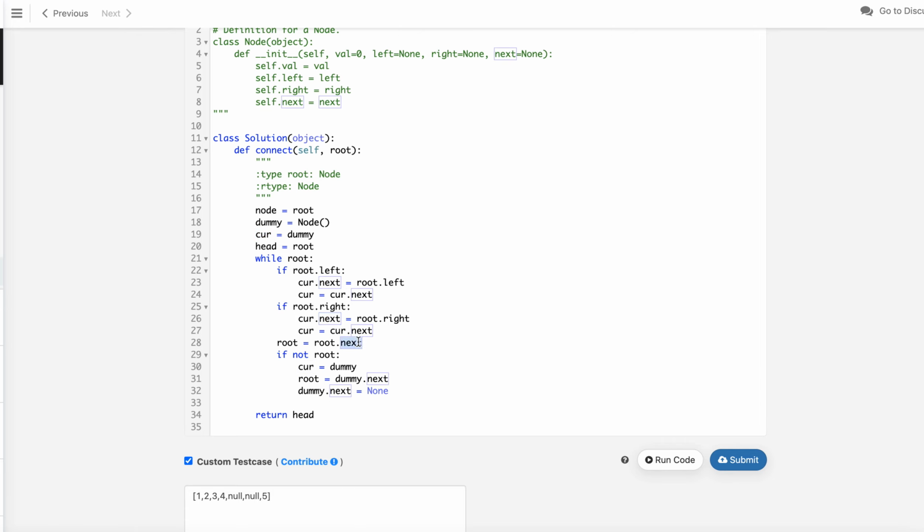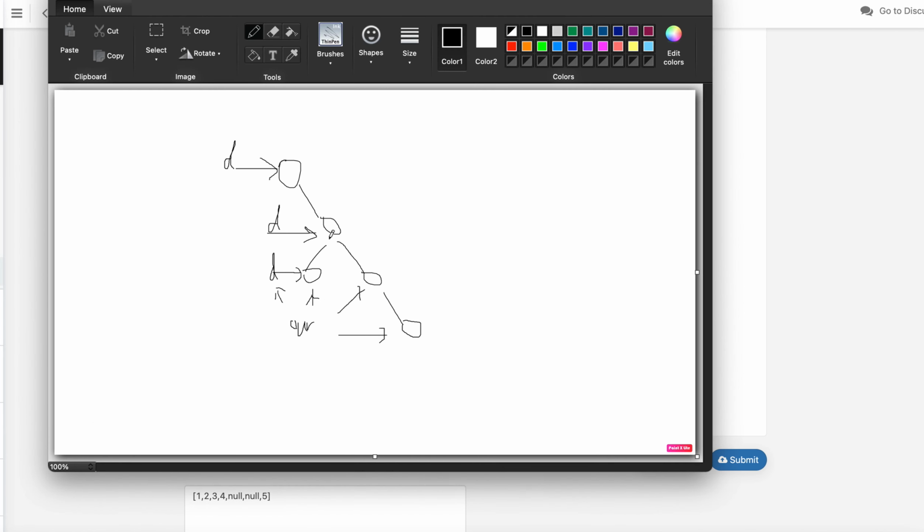If the node next is null, that means we found the next level. So the dummy will be put at the current, and the root will be the next. So that means this level is finished.